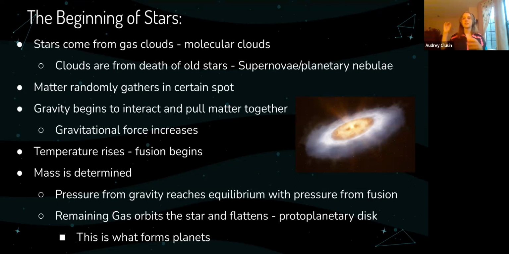So it's gathering in certain spots all around, and it's not really orderly. Like I said, it's just random. But when things clump up in certain spots, these particles start to gravitationally interact.